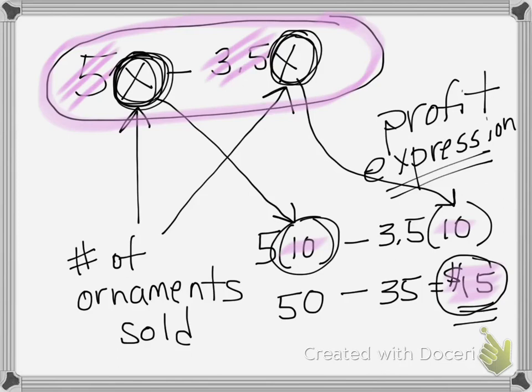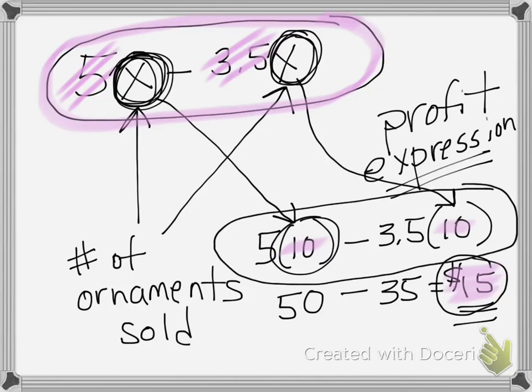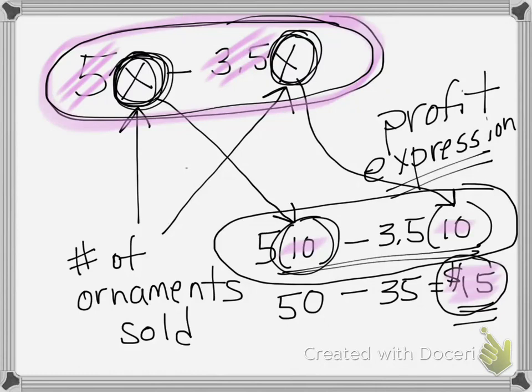The way they are differentiating those is right here. This would be a numerical expression because we have all numbers plugged in: 5 times 10 minus 3.5 times 10. A numerical expression has the numbers plugged in. The expression is this one here, where we have our variables included.